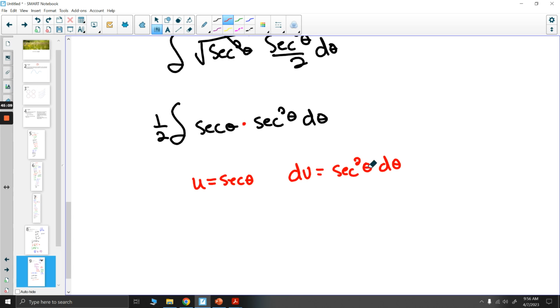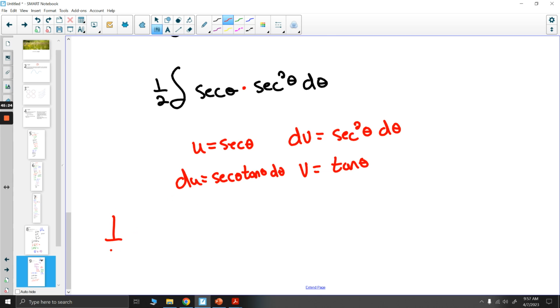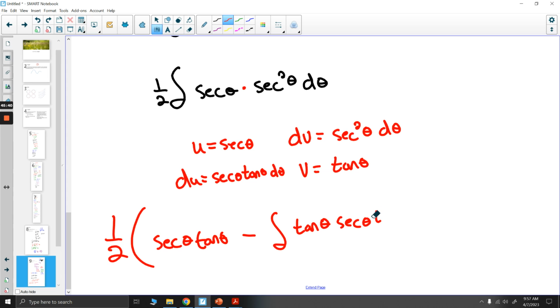And you might say, why am I choosing that? Well, because the integral is easy. So v is tangent theta, and du is going to be secant theta tangent theta d theta. So this is 1/2 times uv, so that's secant theta tangent theta, minus the integral of v du: tangent theta secant theta tangent theta d theta.